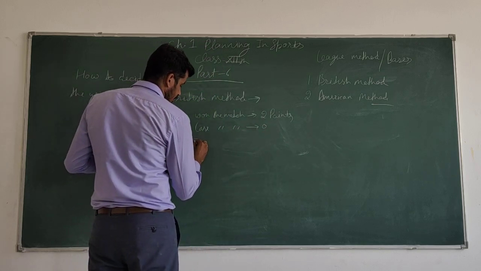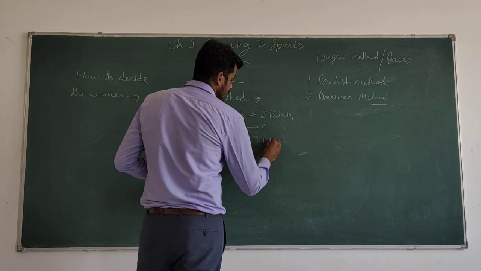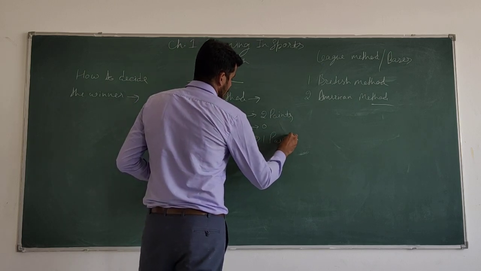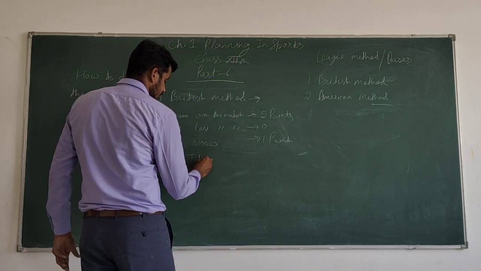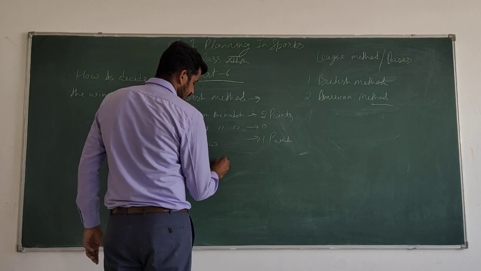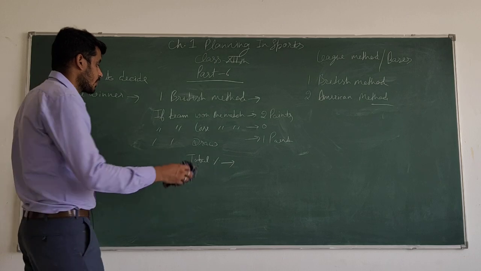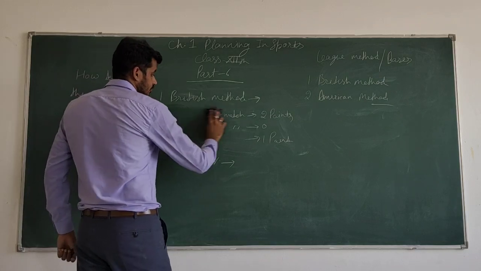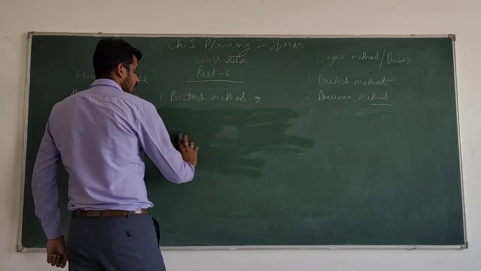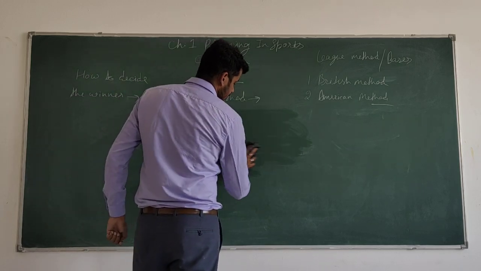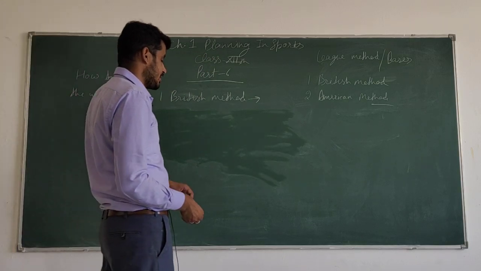If there is a draw, then 1 point. Then the total percentage we have to find. So formulas are there to check the percentage, and through that formula we can decide the winners easily if the tournament is organized on a league basis.